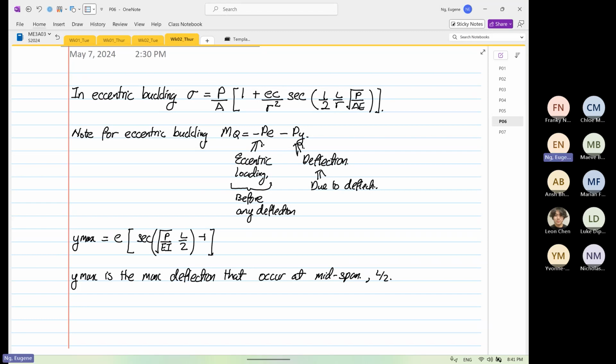And then what terms are you not clear of? If you look at the one on top, P is the applied load.